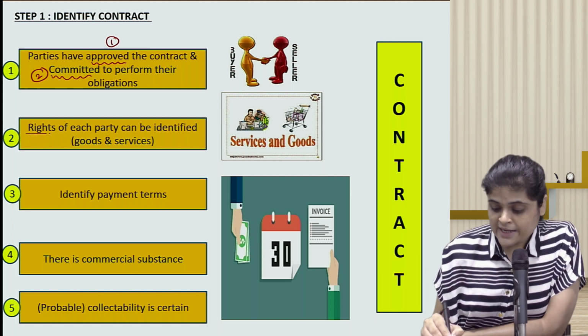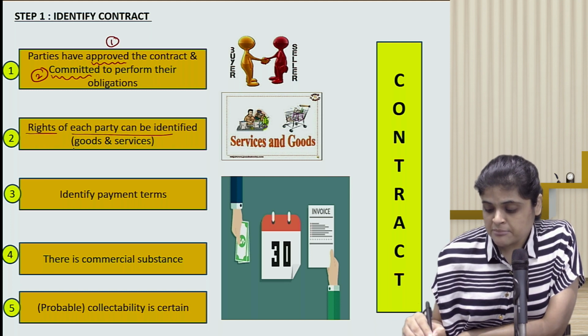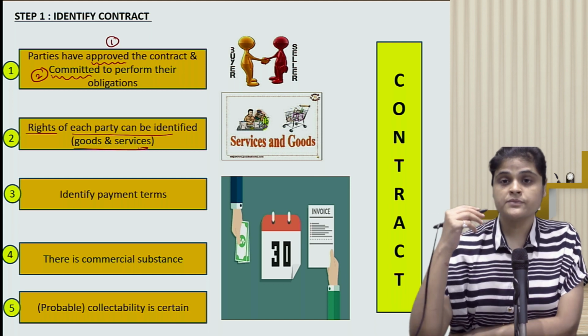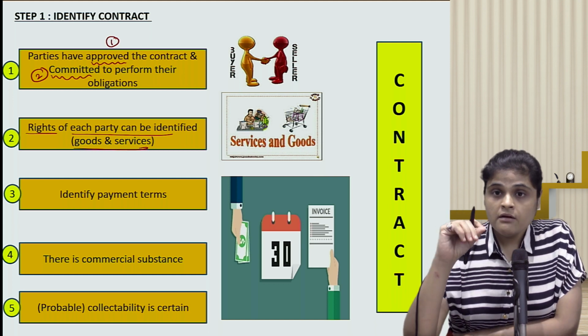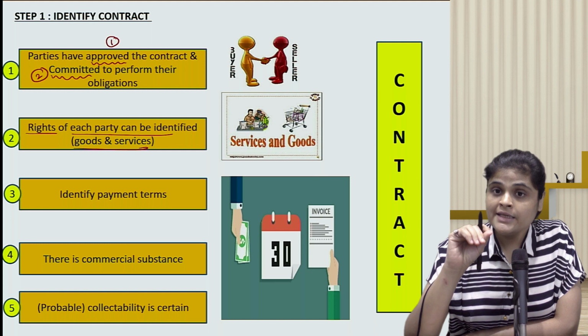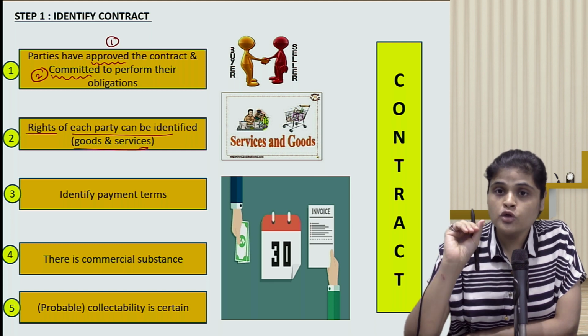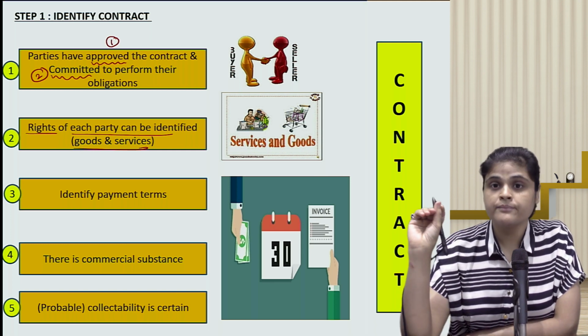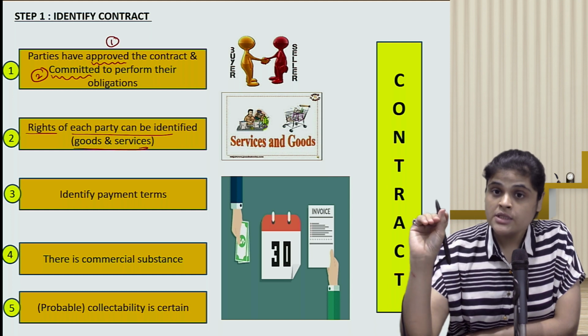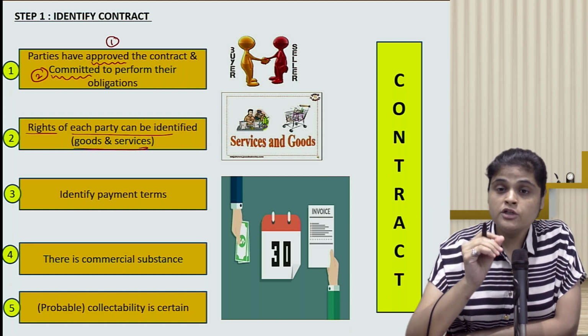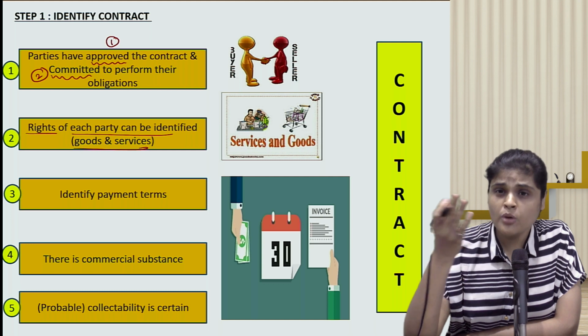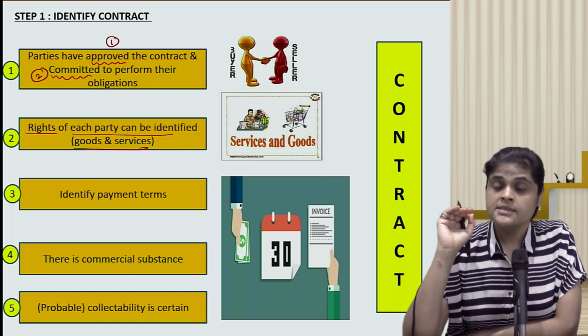Second, rights of each party can be identified. What are rights? Seller has the obligation to provide goods or services to the buyer, for which the seller is entitled to receive a consideration, a monetary consideration.